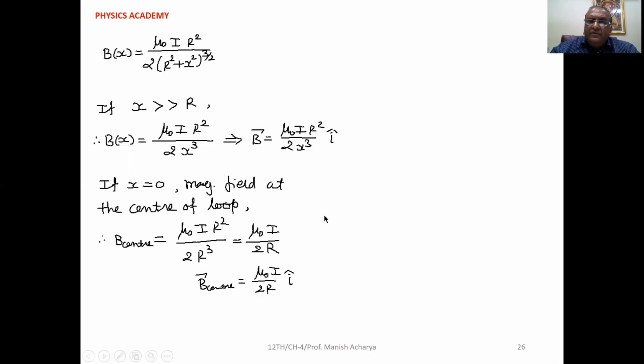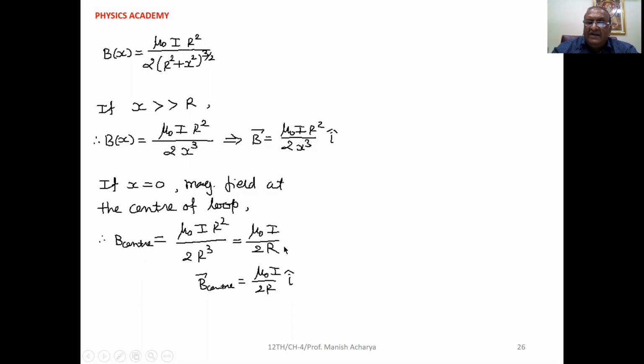Now, if we want to find the magnetic field at the center of the loop, at the center we can write x equal to 0. So in this equation, take x equal to 0. You will get mu 0 I r square upon 2 r cube.